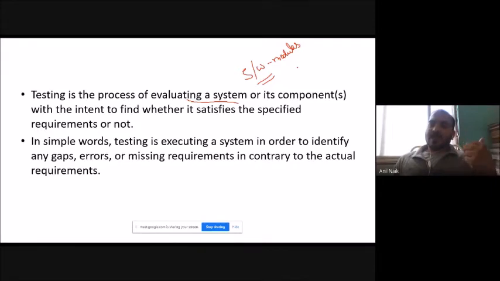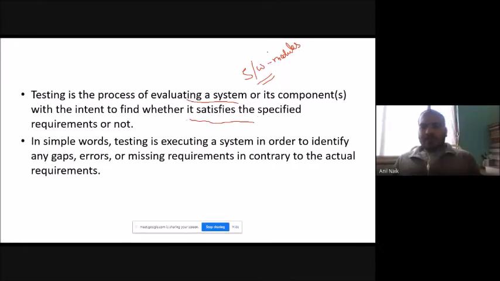We can book the number of seats, we can pay online, we can reserve the window seats. So there are different features. So we need to check whether the software satisfies the specified requirements or not.